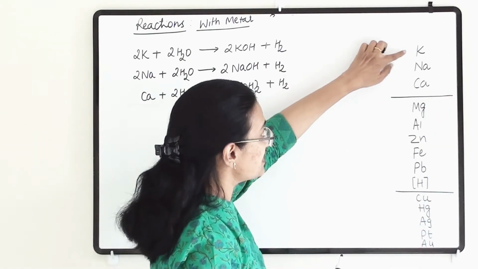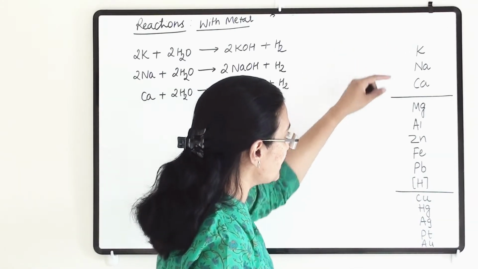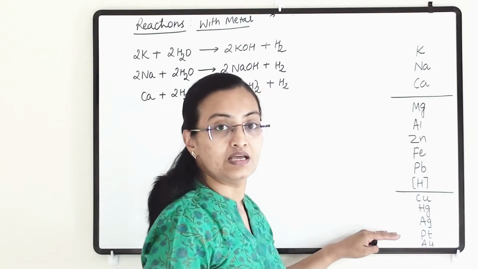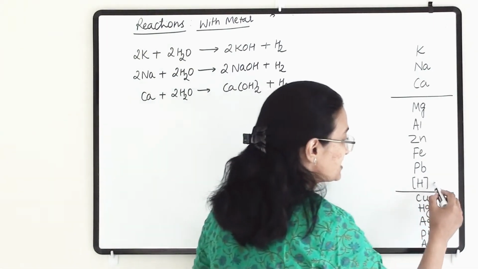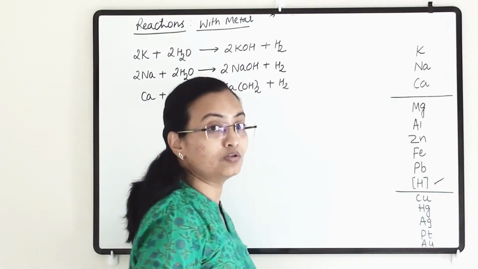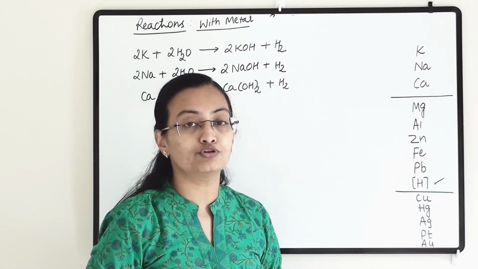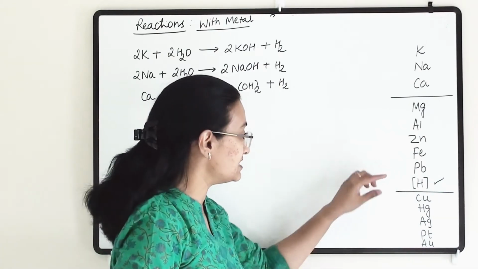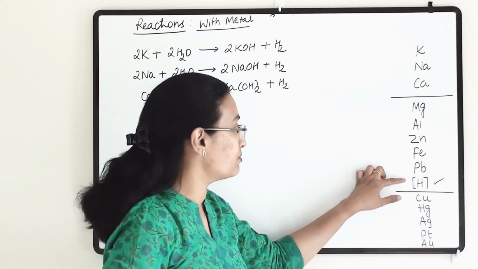That also means that potassium, sodium and calcium, all three are more reactive compared to all these metals placed below them. Here we have also placed hydrogen along with all the metals, because hydrogen also behaves like a metal with all the other compounds. So that is the reason why we have placed hydrogen along with other metals.